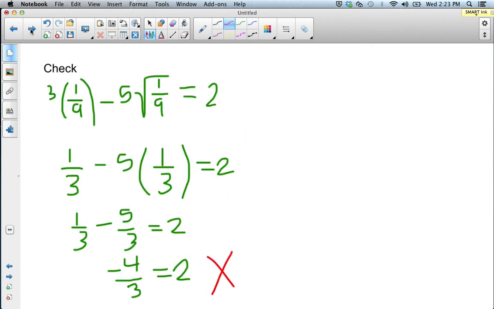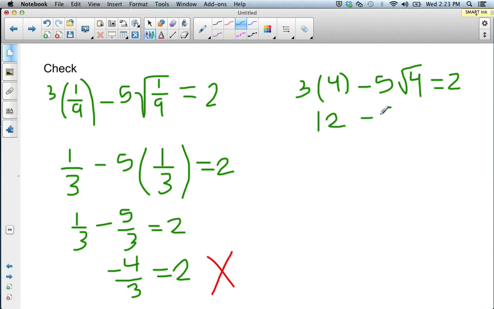And let's check the 4 now. So for the 4, we'll have 3 times 4 minus 5 times square root 4 equals 2. 3 times 4 is 12, minus square root of 4 is 2, so 5 times 2 equals 2.